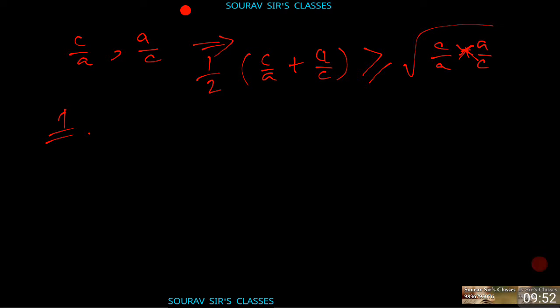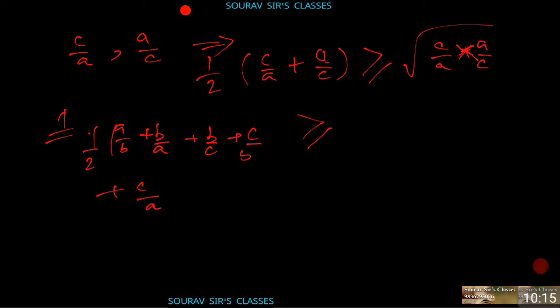Hence, adding all the inequalities which we received, we get half of (a/b + b/a + b/c + c/b + c/a + a/c) is greater than or equal to 3.